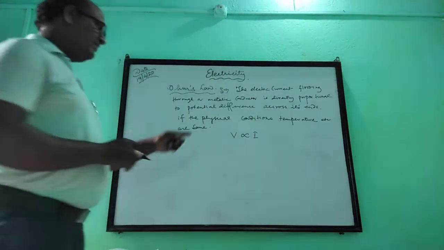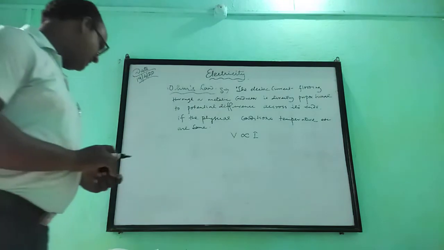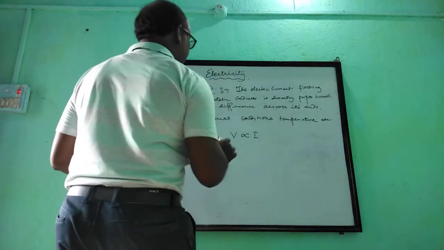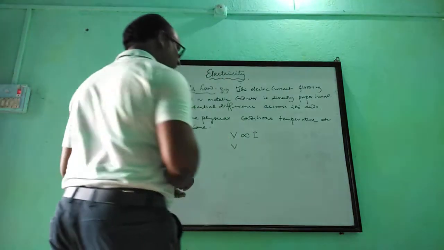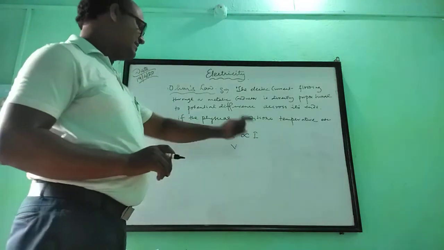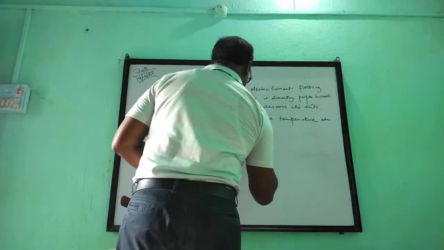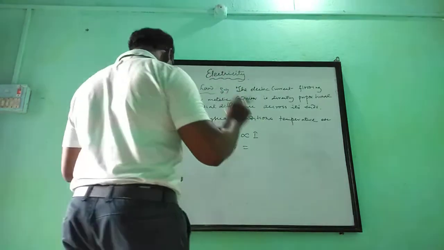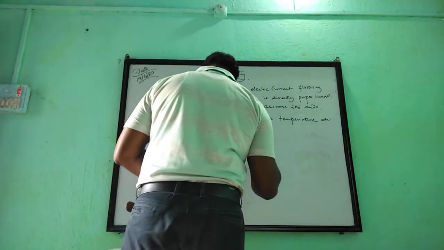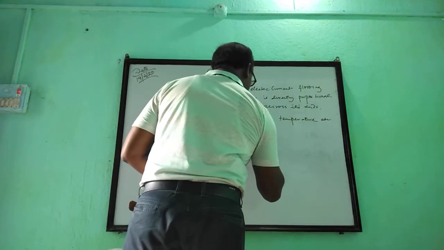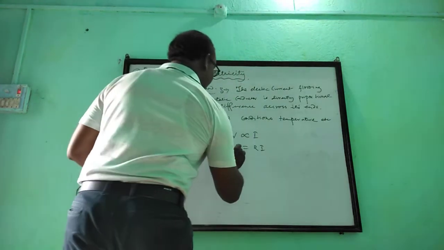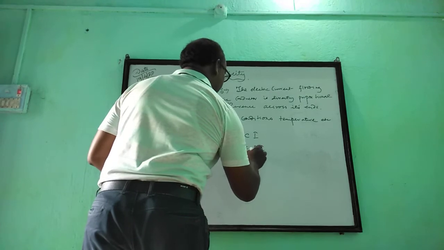We know that V is the potential difference and I is the current. If we withdraw this sign, the proportional sign, then we have to put a constant, and this constant here is R. That is V equals IR.